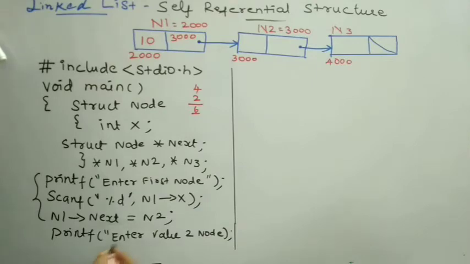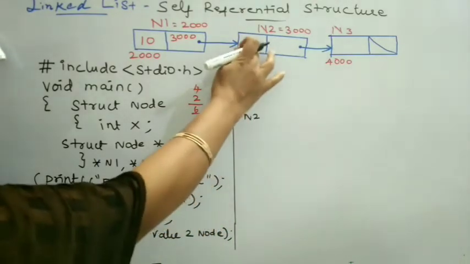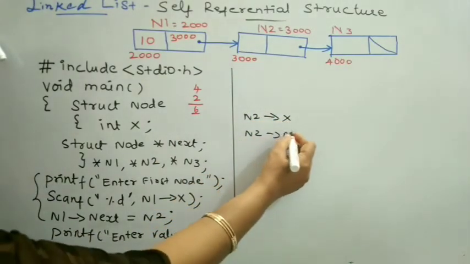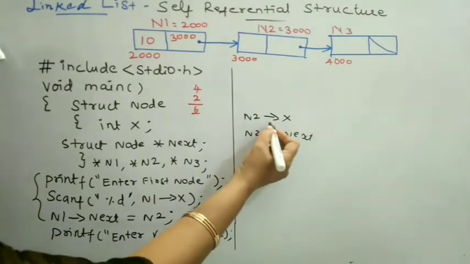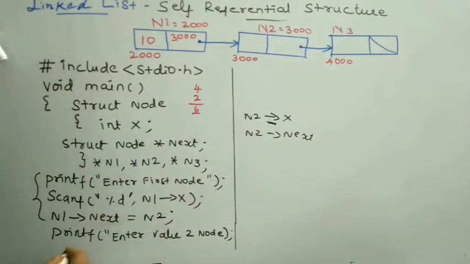I need to get the value. The node n2 has two data members, x and next. Why am I using this arrowhead operator? n2 is a pointer variable. If I want to get the value for this data member x of n2, then it is %d. Why am I using this control string?